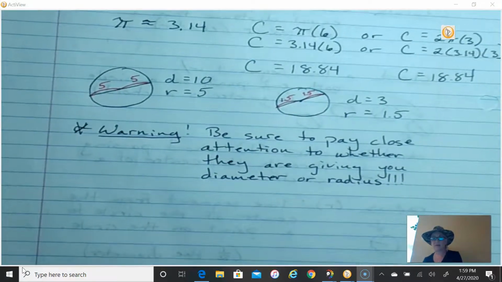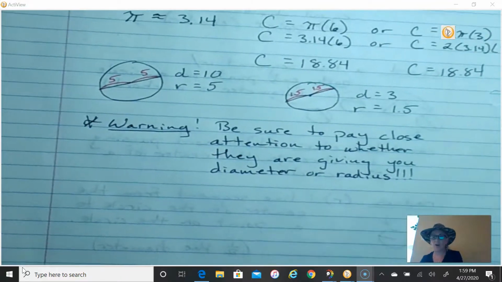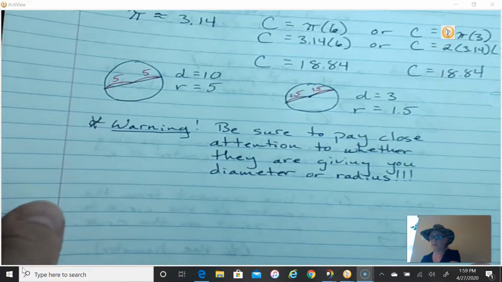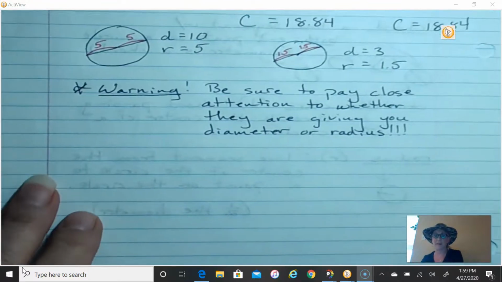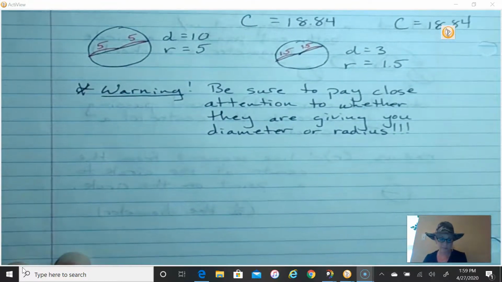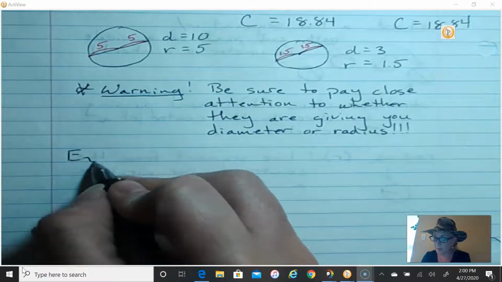That is a common mistake. It messes kids up all the time, because you're so busy concentrating on other things that you forget that. So please be very careful. Okay, let's do some examples.